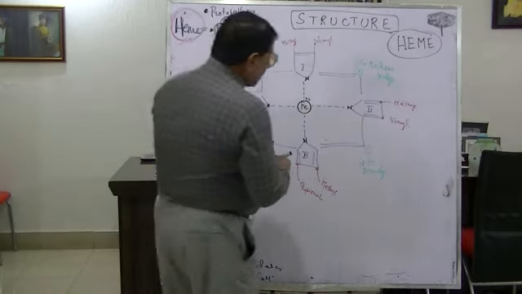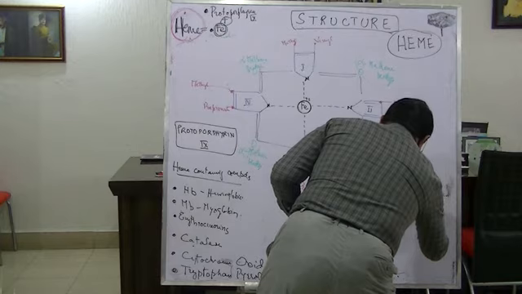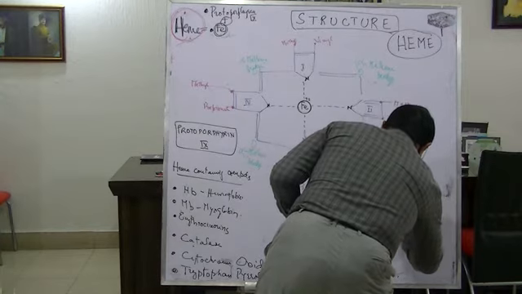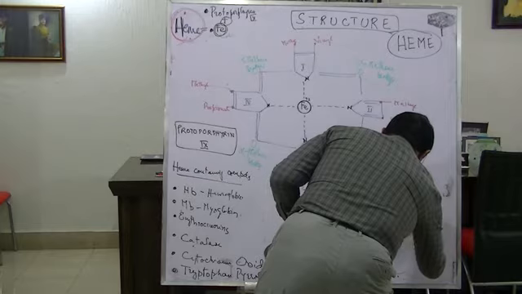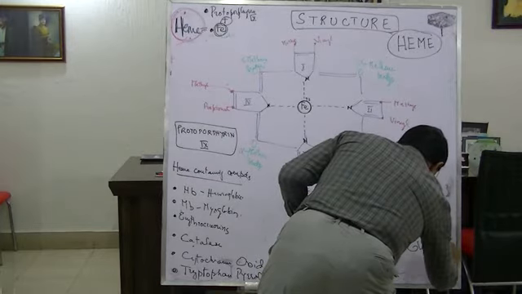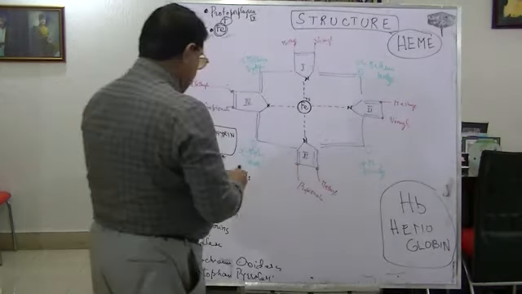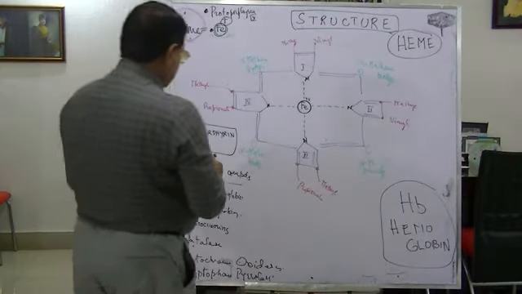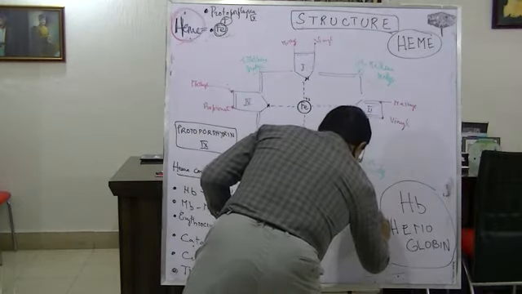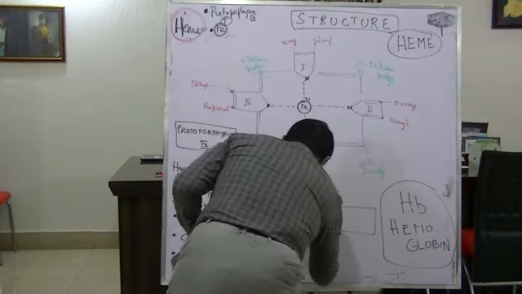But what happens when you talk about hemoglobin? HB, that is hemoglobin. Where does the globin chain attach? Globin is a protein. So if we take this one as the globin chain, this is the globin chain.